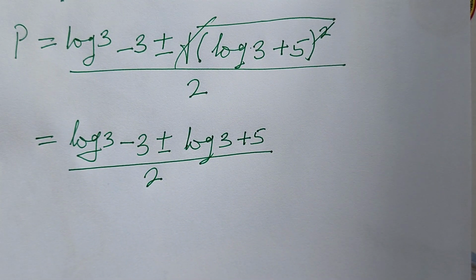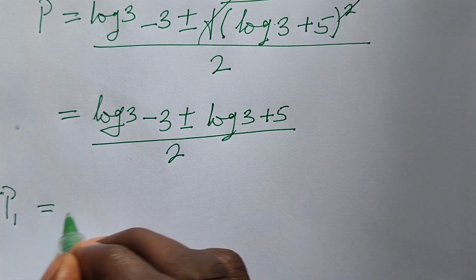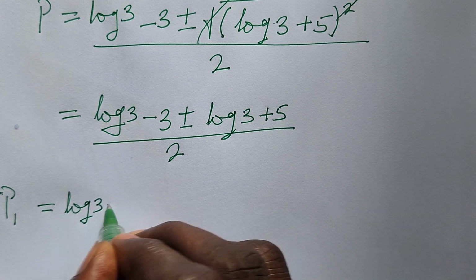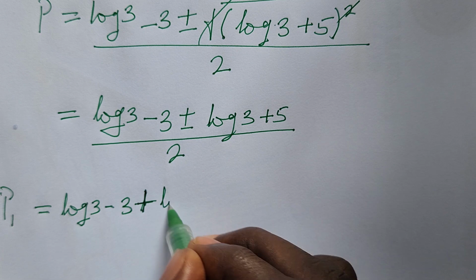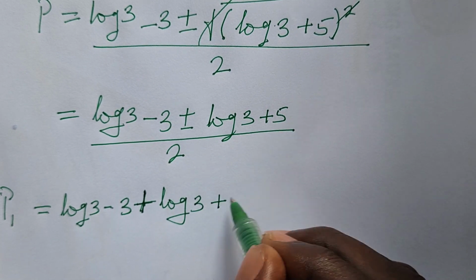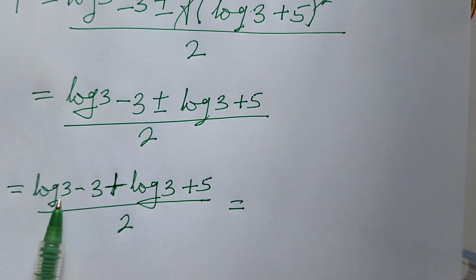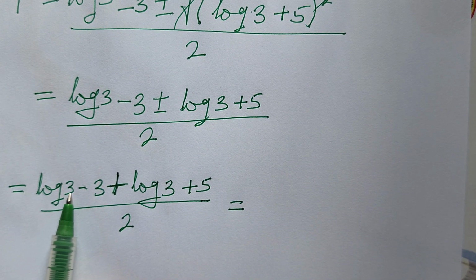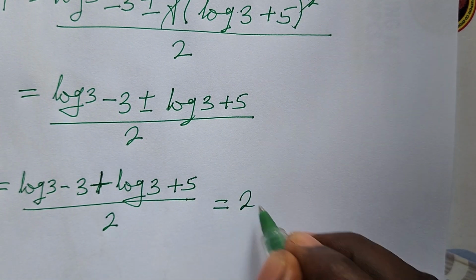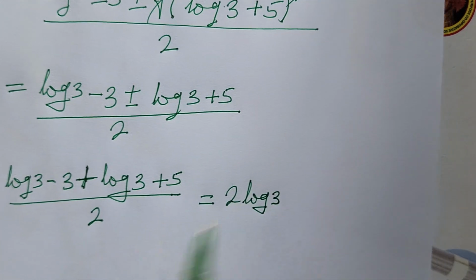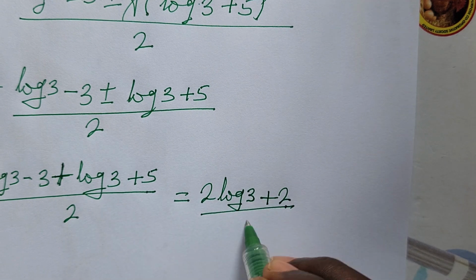We have two case scenarios from here now. So this is going to give us P1 will now be equal to log 3 minus 3, and we take the plus sign, which is plus (log 3 + 5), all over 2. This is equal to: here we have log 3 plus log 3, so this will give us 2 log 3, then minus 3 plus 5 will give us plus 2, all over 2.